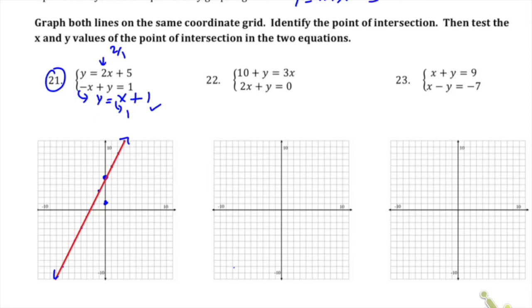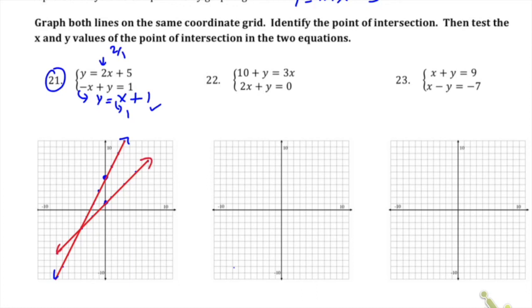For your information, m is the slope and b is your y-intercept. So 1 over 1 means I go like this. I'm skipping a few points so that I can easily draw a line here.